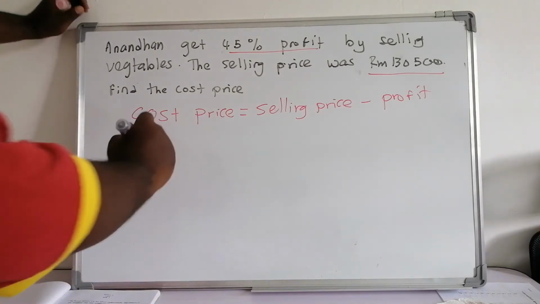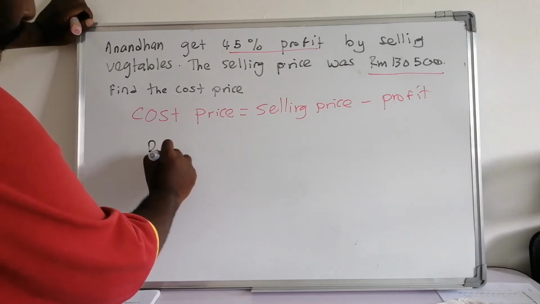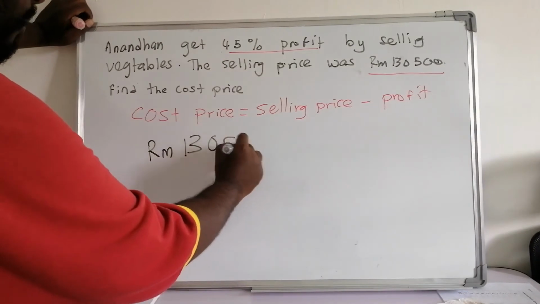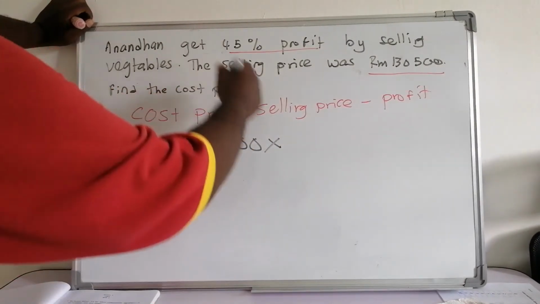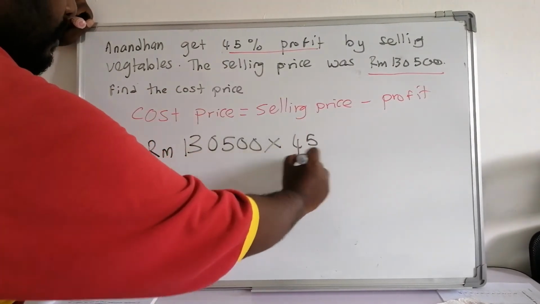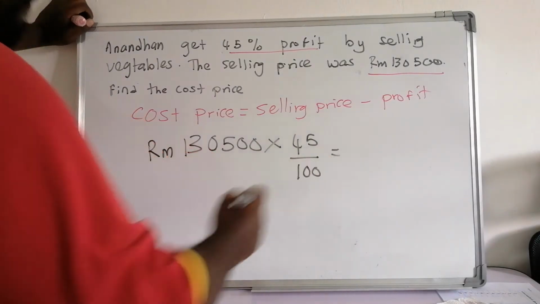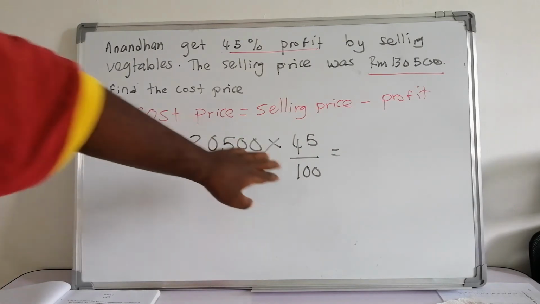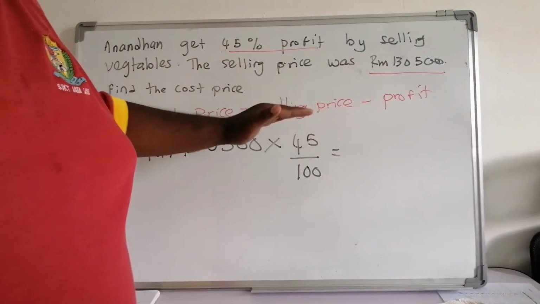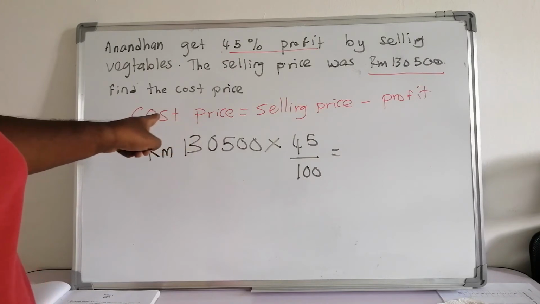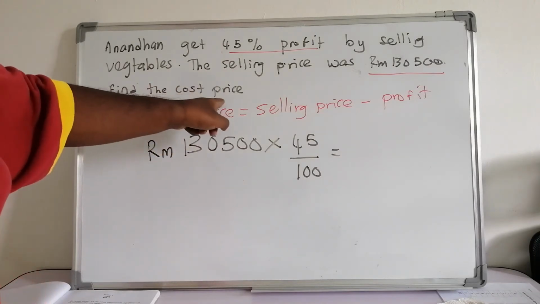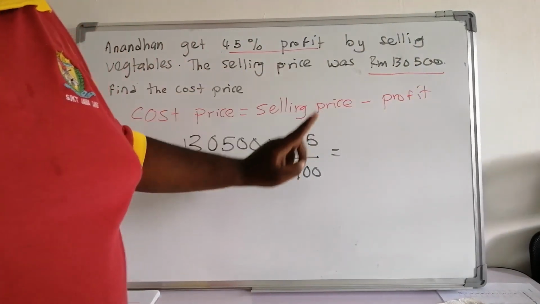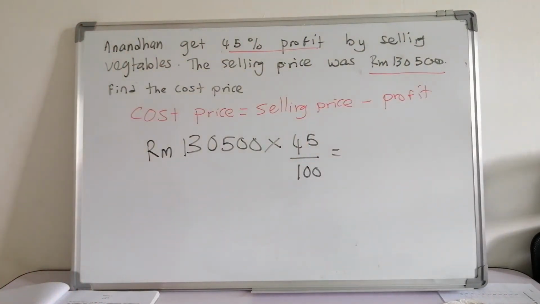We take the selling price 130,500 times this 45 percent to find the profit. We are not done yet with this question because it asks us to find the cost price. In order to find the cost price, we have to find the profit, so we find the profit first.